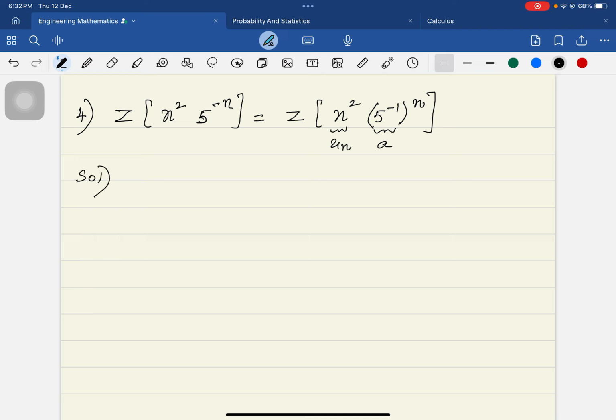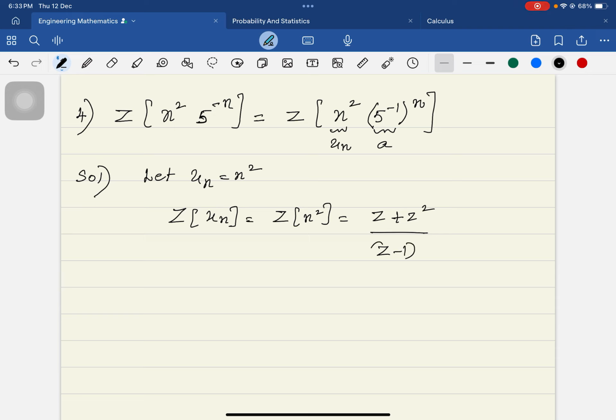So now what you have to consider? You have to consider that un is equal to n square, and what is z of un? Z of un is given by z of n square, and that is given by z plus z square over z minus 1, the whole cube. This we have done already in the previous lecture.